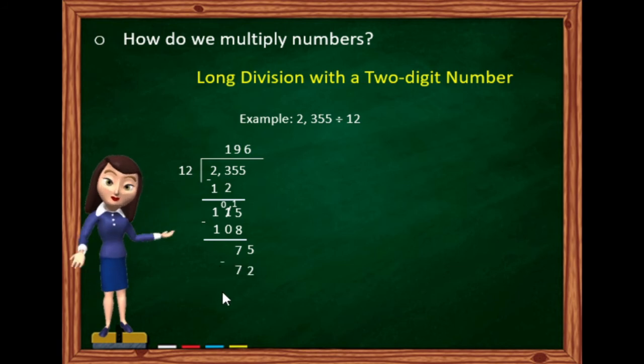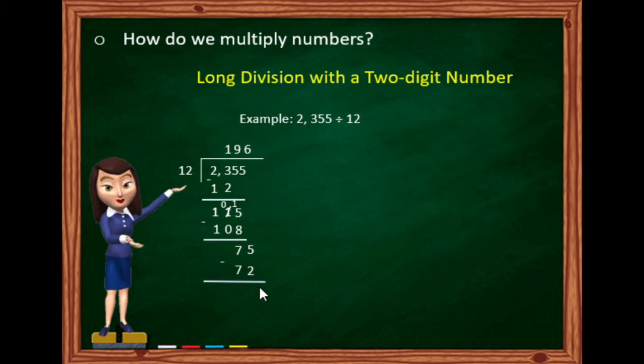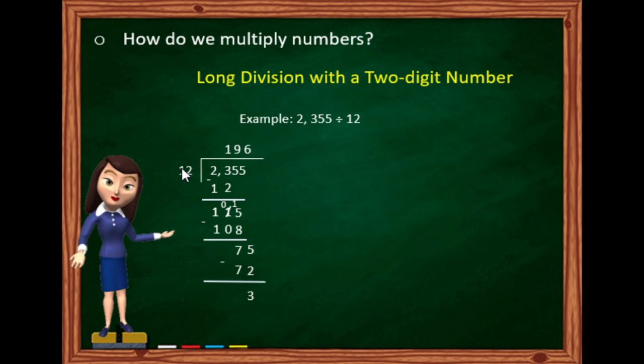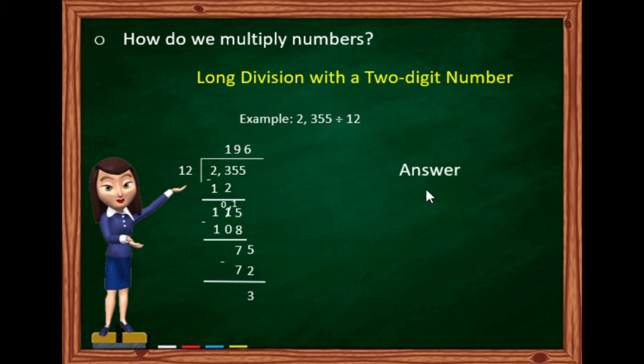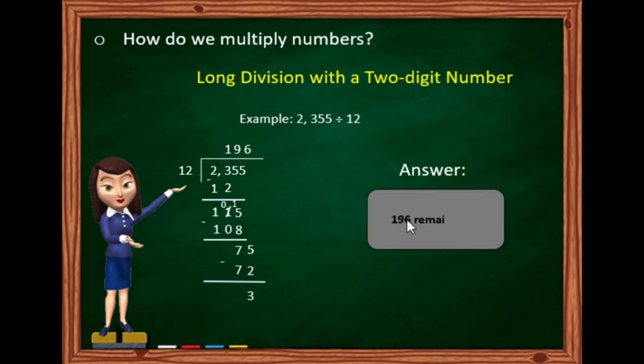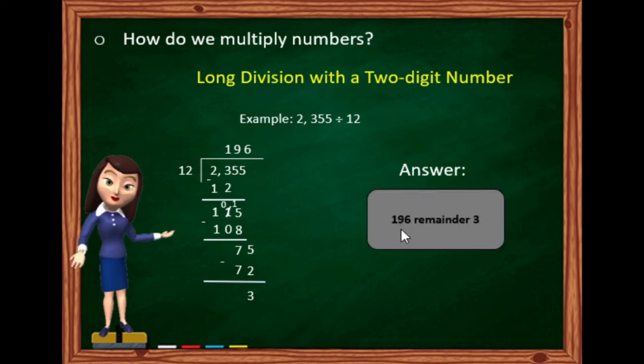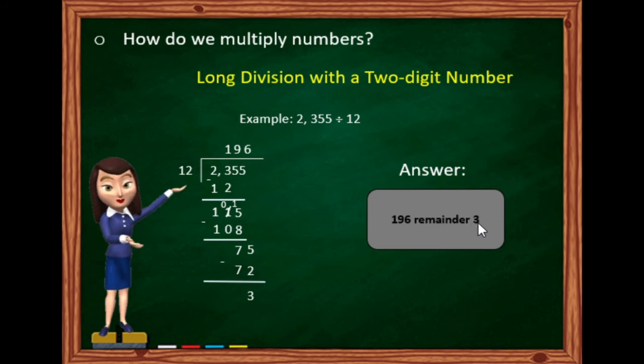Subtract them together. 5 minus 2 is 3. 3 and 12, can or cannot? Cannot be. Are there any digits left already? There's none. So we stop at this one. So our answer would be 196 remainder 3. Why 3?